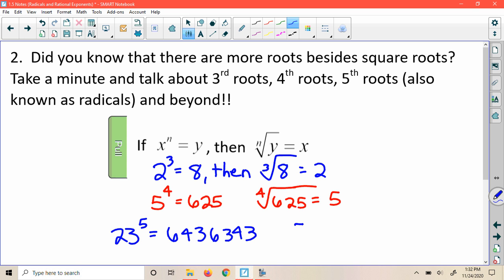Going the opposite way, the 5th root of 6,436,343 is just 23. So that expands your math world a little bit. There aren't just square roots, there are other roots, 4th roots, 5th roots, and they're just the opposite of the 4th power, 5th power.